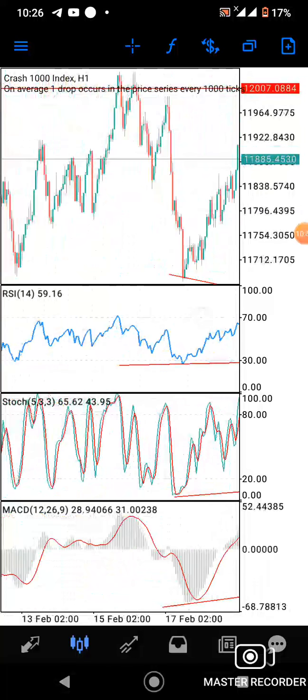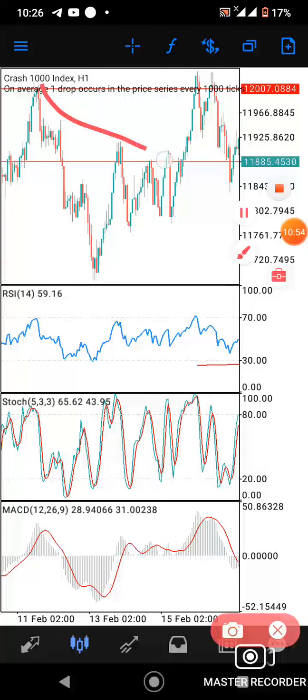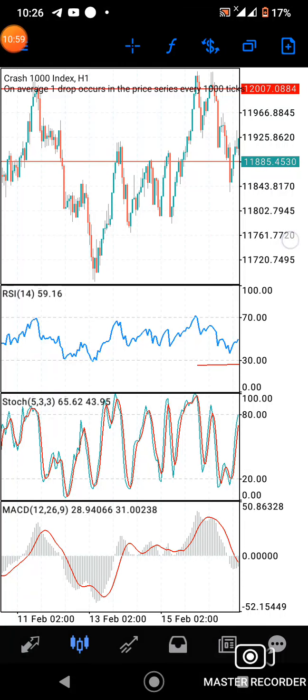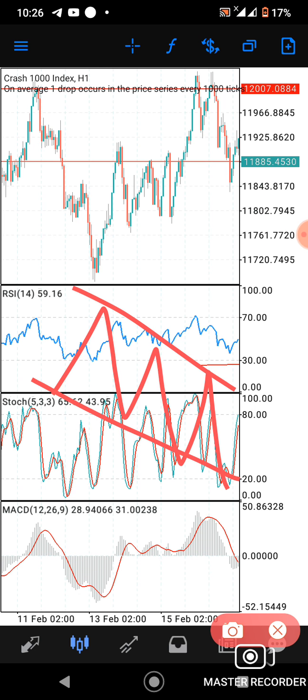Another mistake people make is using divergence anyhow on the chart. It's better you have a strategy. Let me give an example. Let's say price ranged, and you can see price is moving downward like this.